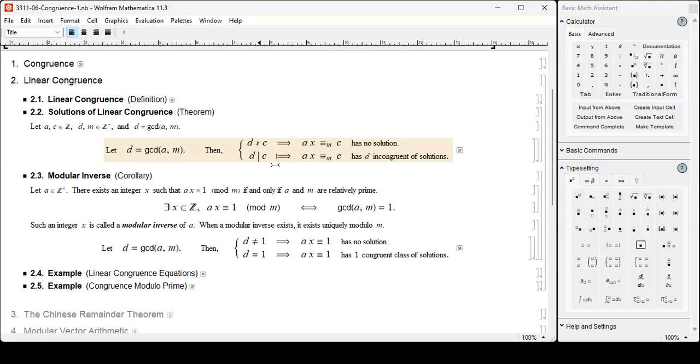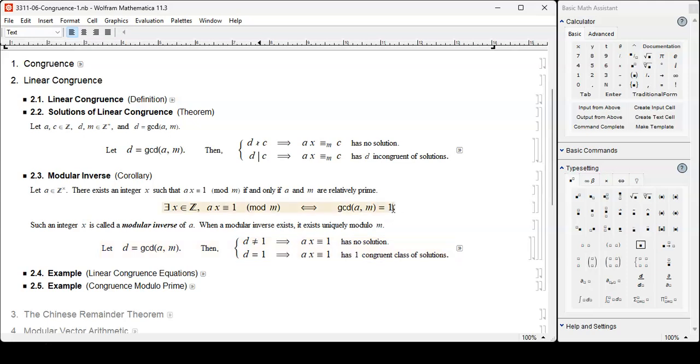The only positive integer that divides 1 is 1, so that's when the GCD is 1, when A and M are relatively prime. In that case, there is only one congruence class of solution, so the solution is unique modulo M. And if D is not 1, then there's no solution.